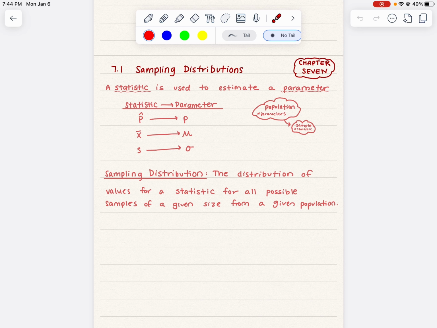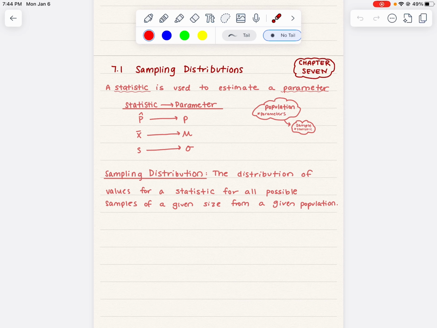And then what we created today, we made some sampling distributions, and that is the distribution of values for a statistic for all possible samples of a given size from a given population. So what we made were small sampling distributions. We didn't actually make a real sampling distribution. If you remember from when we did this before, you have a population distribution, which is everybody.